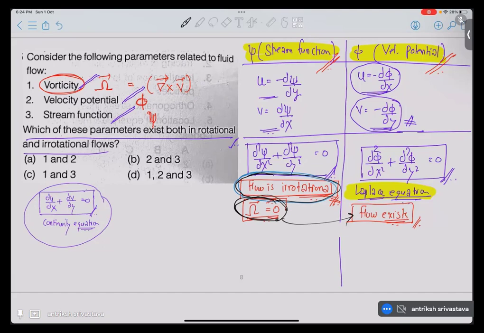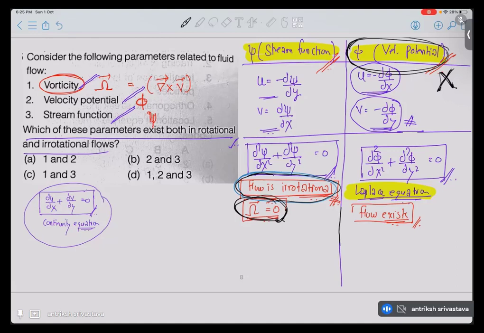If vorticity is not equal to 0, the velocity potential will not exist. That is, when you have a rotational flow, in that case your velocity potential will not exist.